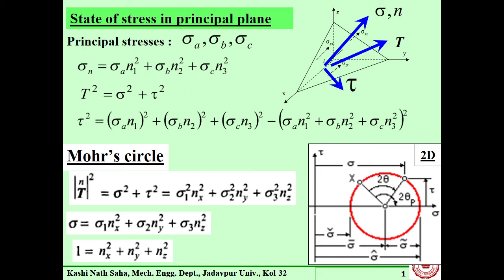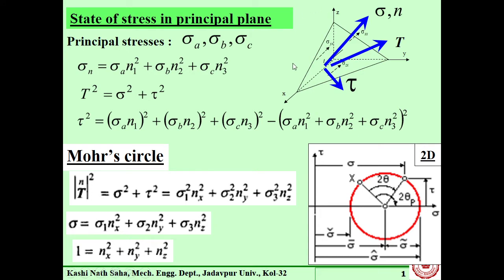Here what we are doing, you see, let us reorient our coordinate axes along the sigma 1, sigma 2 and sigma 3 directions. Is it clear?